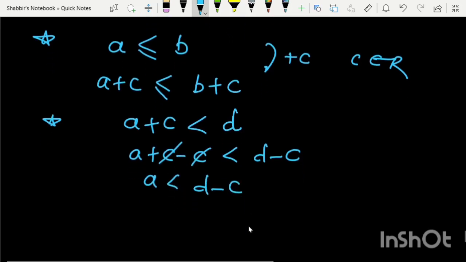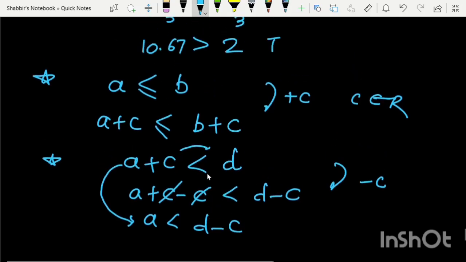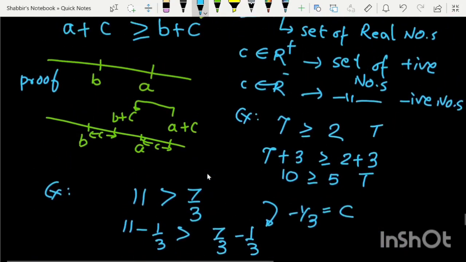So by looking at this from the first step to the second step, it seems that the law of transposition holds here in case of inequality. Like if you take c on the right hand side, it becomes minus c. It is the same as what you have learned in equality.